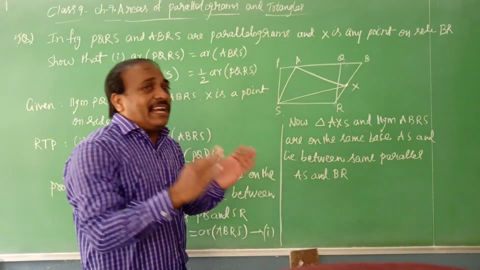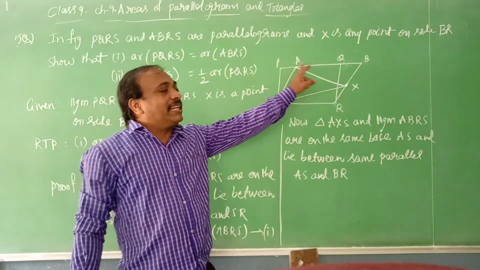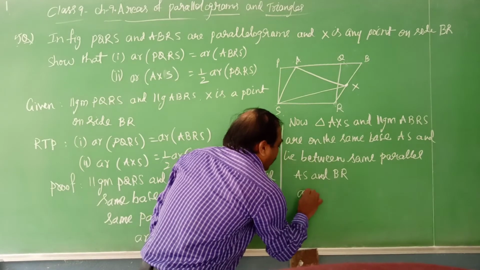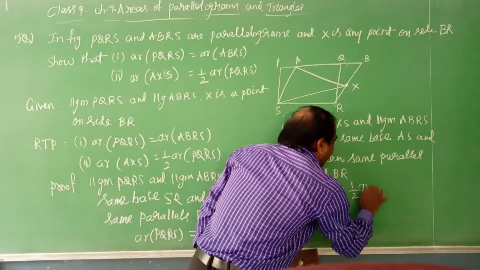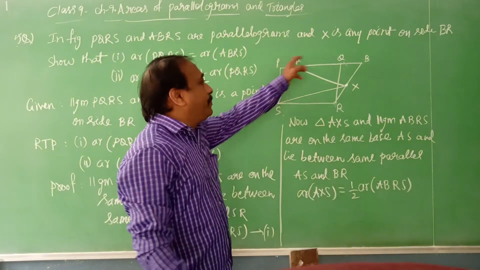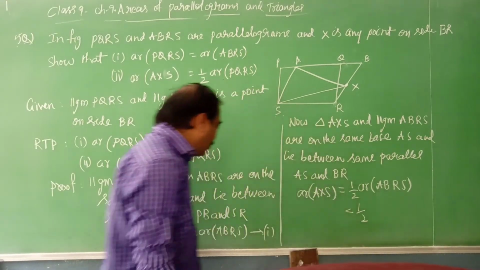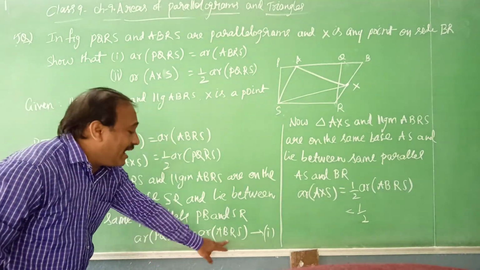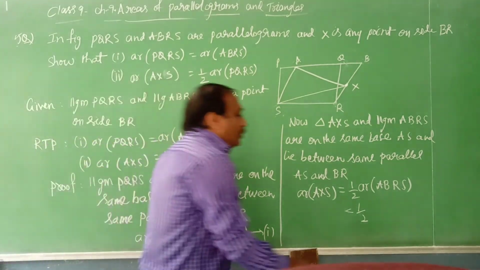So a triangle and a parallelogram are on the same base and lie between the same parallels. We know that area of the triangle is half of the area of the parallelogram. So area of AXS is equal to half of area of ABRS. But in the first part we showed area of PQRS is equal to area of ABRS, so in place of ABRS you can write area of PQRS.